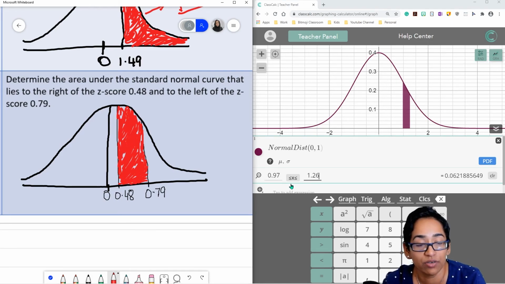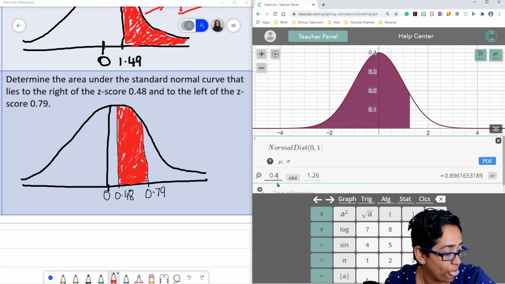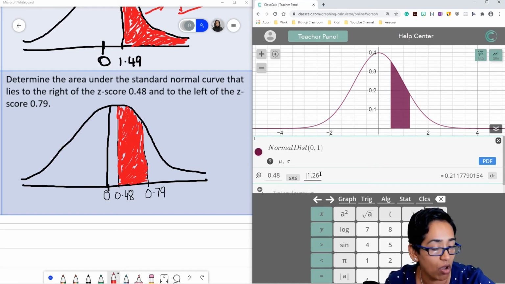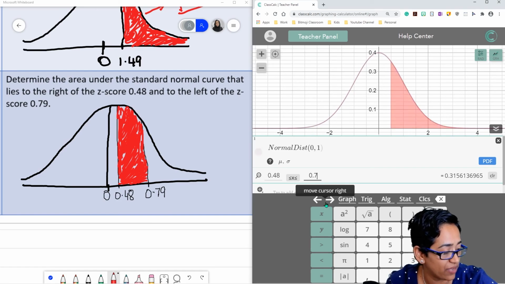So what I'm going to do is I'm simply going to go ahead and plug in. Again, the smaller number goes on the left and the larger number goes on the right. 0.79.